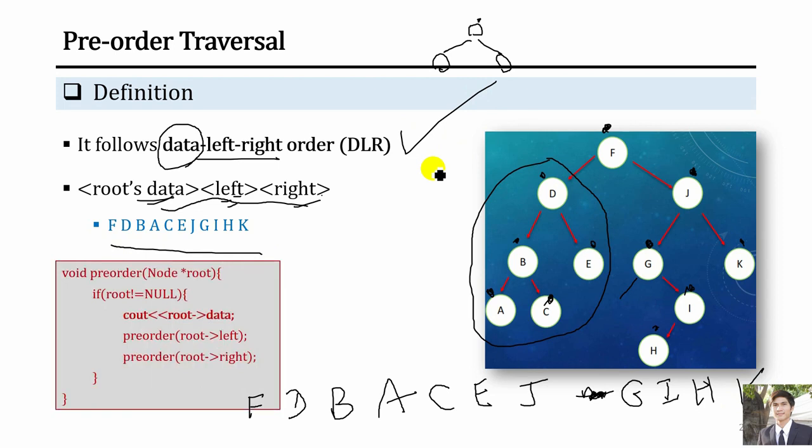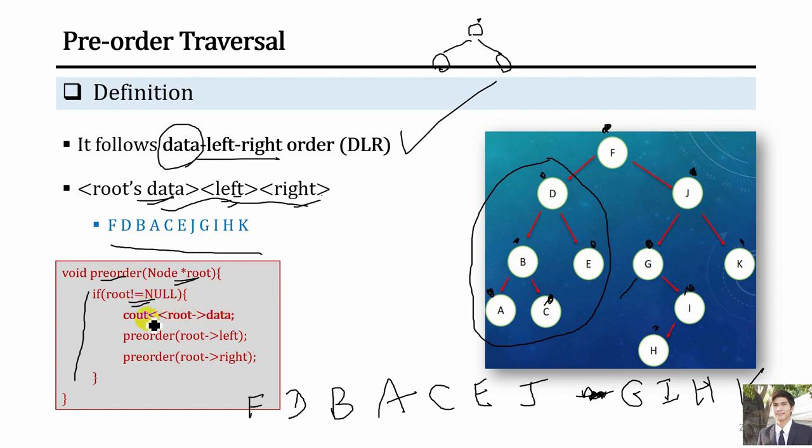So to implement this in code, very simple. We create a very short function, maybe 5 lines. We name it preorder, and we must provide the root of the tree. The rule is that we will recursively access our data based on the rule data left right. The condition is we loop until nil.